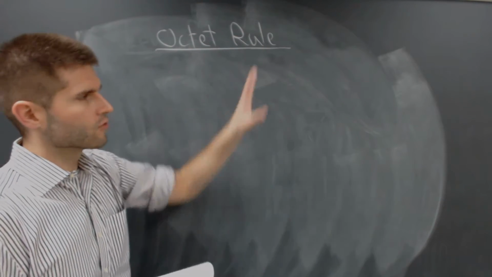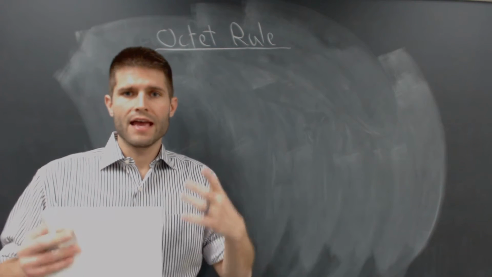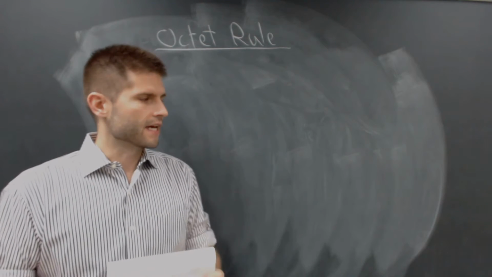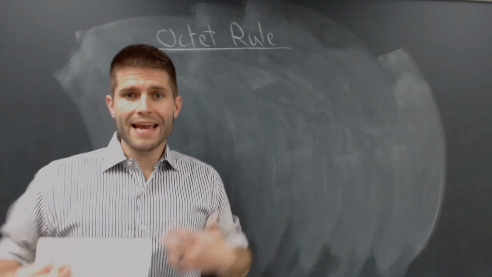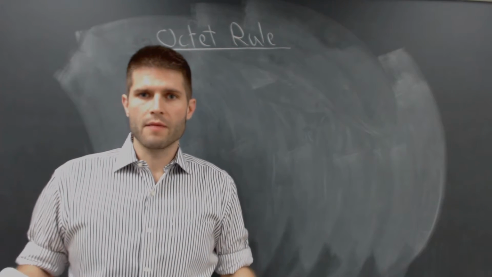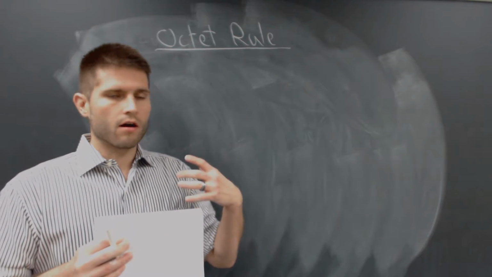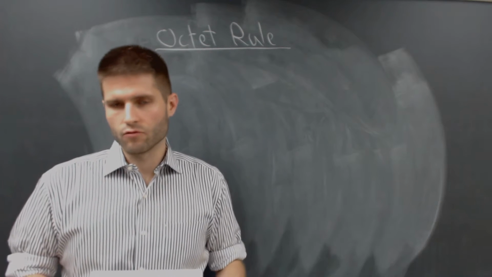The real octet rule states that each element would like to have 8 valence electrons in its outermost shell. And so that's going to be our driving force. Our nonmetals are going to be gaining electrons, and we know that they form anions in order to satisfy this octet rule. And our metals are going to be losing electrons in order to satisfy this octet rule.